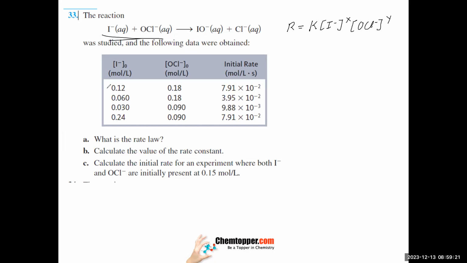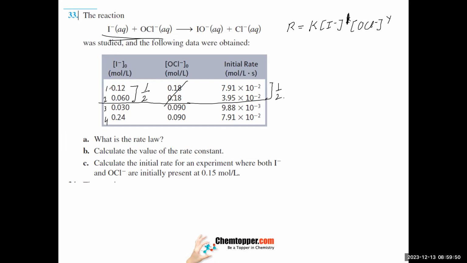Now, experiment 1, 2, 3, 4. If I take experiment 1 and 2, what is cancelled? How many times has this I minus decreased? 2 times, 1 by 2. How many times has the rate decreased? 1 by 2, isn't it? So what's the order with respect to I minus? This X is 1. Afan, you're not doing?